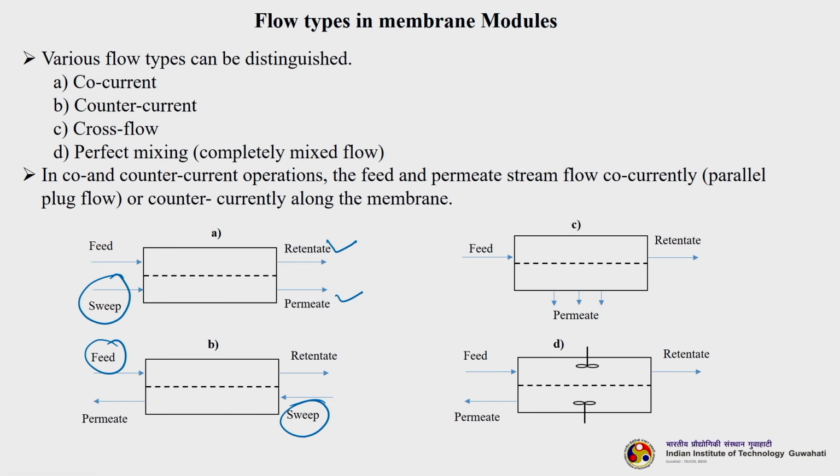So, we get permeate on the feed side and retentate on the other side. Then in cross flow system, feed is flowing across the membrane surface and we are getting permeate here. And in the perfectly mixed flow, we can have the system mixed by using some sort of agitators, either mechanical or magnetically driven, so that the feed is continuously agitated as well as the permeate.